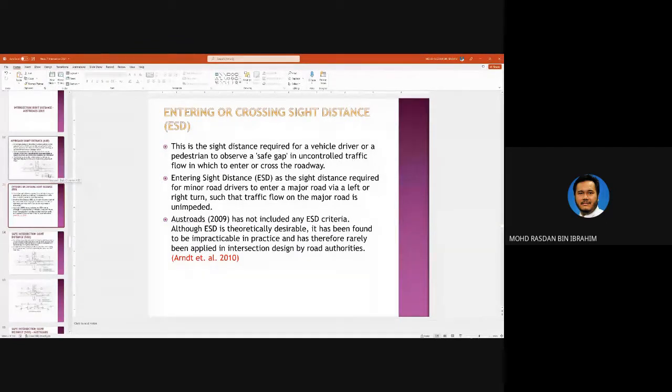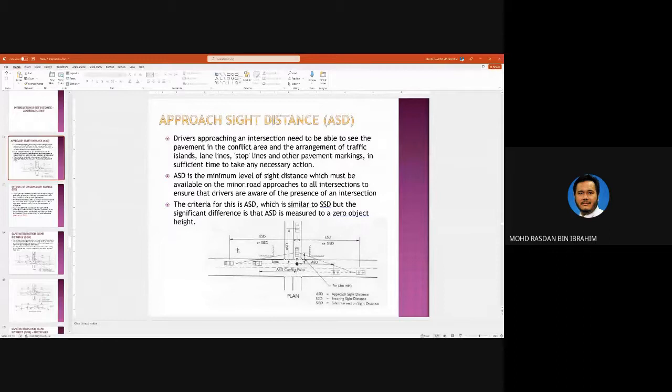Okay, going back to this measurement. So this is ESD distance. So at this distance, this car over here stopping at the stop line must be able to see the gap here between these two vehicles. So they must be able to see the gaps to ensure that they can make a safe departure into these other lanes, okay, into the major road.